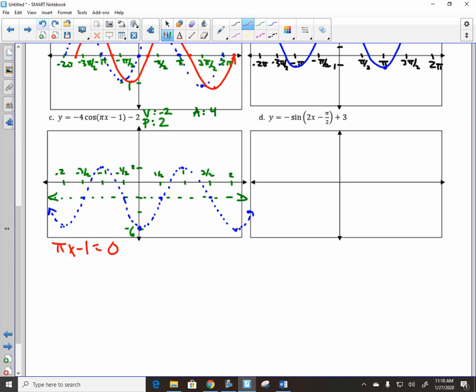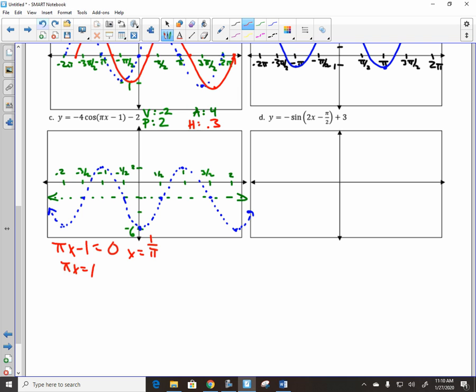It says that pi x minus 1, I set that equal to 0, and then that can tell me what my horizontal shift will be. So if I add the 1, I get pi x is equal to 1. Divide by pi, I get x is 1 over pi. Or the horizontal shift is approximately 0.3 units.